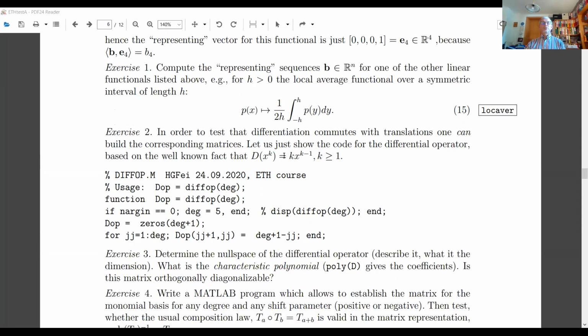Yes, here, just to make it easier for you to reproduce some of the experiments yourself, I was writing the differential operator, the MATLAB code, so it's essentially just the last line. You have to have a description of the derivatives of x to the power k, and you know it's k minus 1 with some factor.